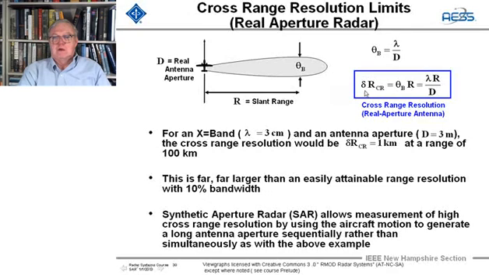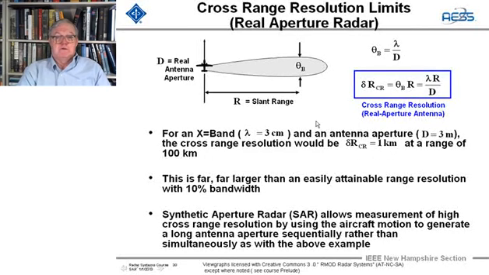The cross-range resolution for a real aperture antenna is just the beam width times the slant range, and that's just lambda R over D. For X-band at 3 centimeters and an antenna size of 3 meters, which would be a good size for an aircraft, the cross-range resolution at a range of 100 kilometers would be 1 kilometer.